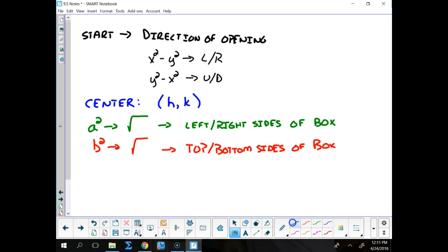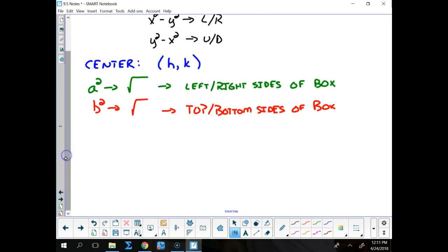Okay. What else do we need? Vertices. Where are the vertices? Points of the bigger X. No. They stretch. So it's the midpoint of a side, right? Okay. But it goes with the direction of opening.